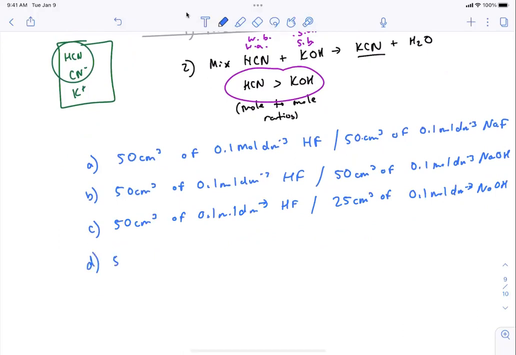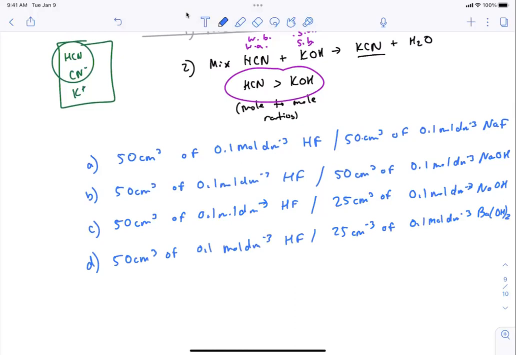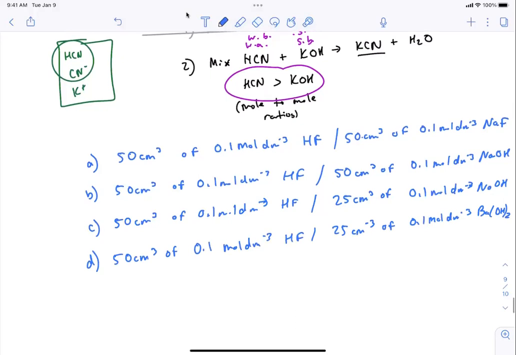And D: 50 centimeters cubed of 0.1 molar HF, and 0.1 molar of Ba(OH)2. I'm just trying to write as fast as I can. I'll give y'all a chance to copy that down.